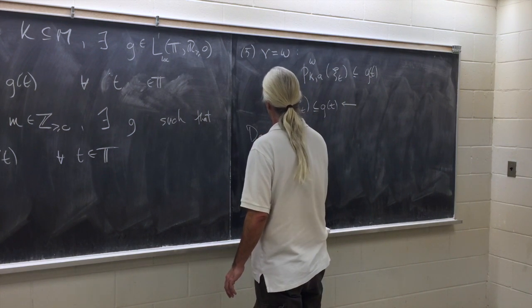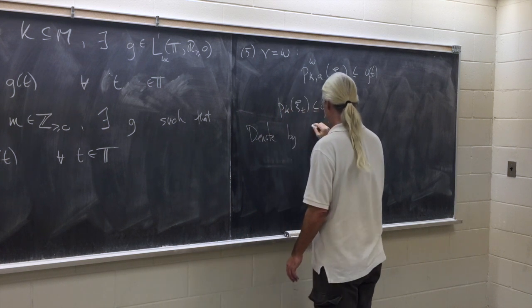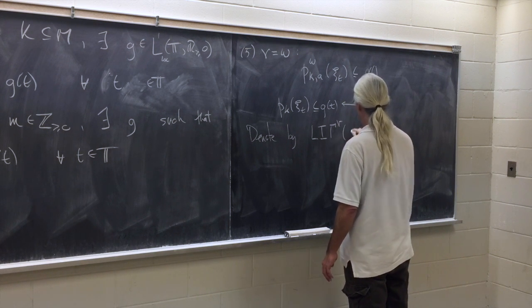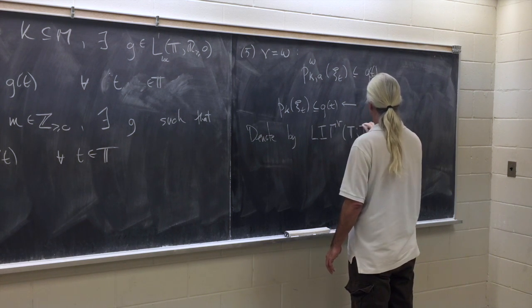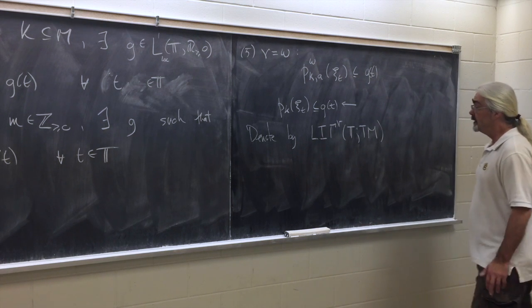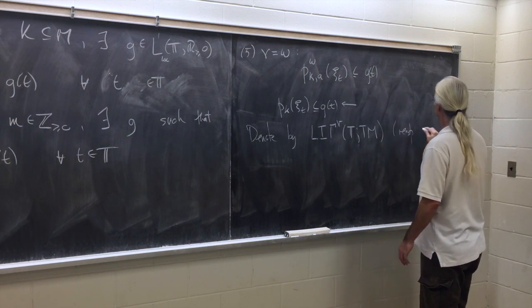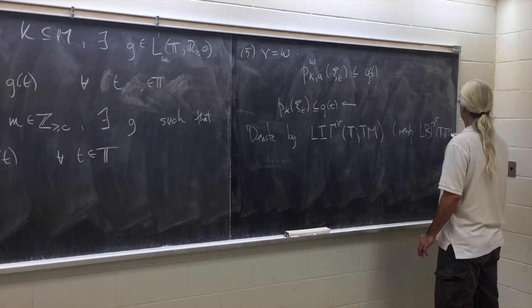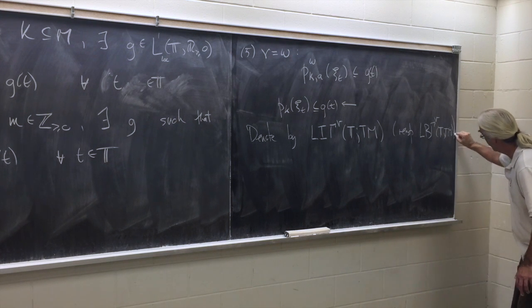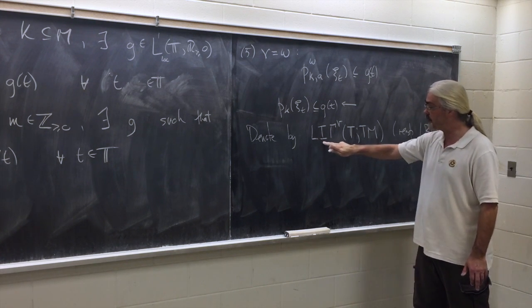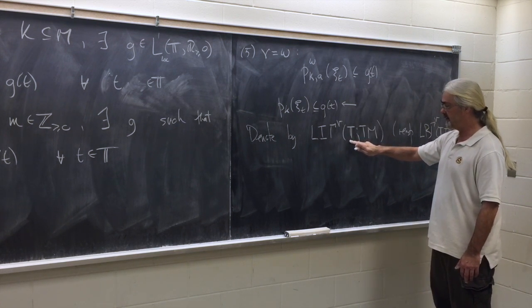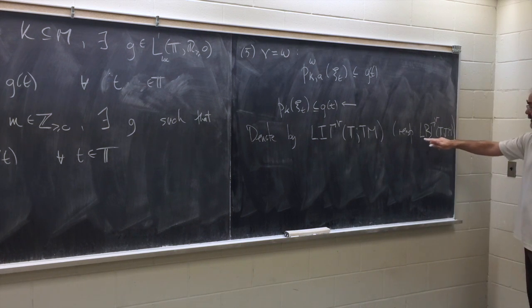Denote by L, I, gamma, nu the locally integrally bounded C nu sections of Tm with time in the interval T. And these are the locally essentially bounded C nu sections.